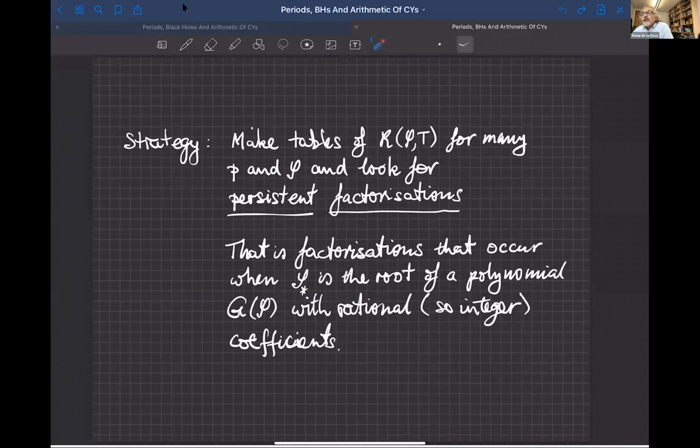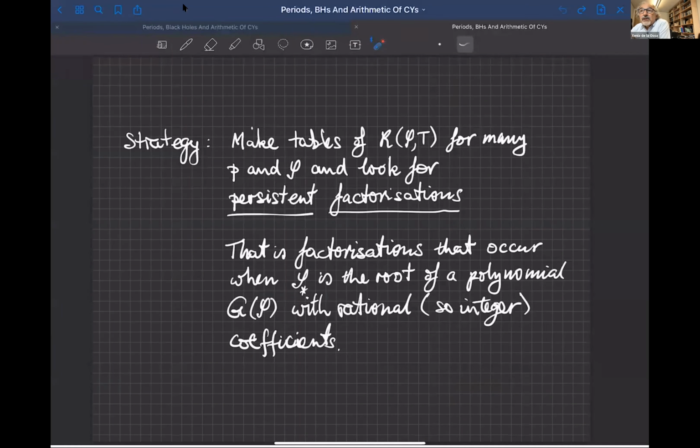So what we want is a persistent factorization, and by that we mean the following: we suppose that the attractor value phi star is an algebraic number. We suppose that it's a root of some polynomial g of phi with rational, so integer, coefficients. If you have a polynomial with rational coefficients, of course, you clear denominators and write another polynomial with integer coefficients. So there's some polynomial g of phi with integer coefficients which has phi star as its root.